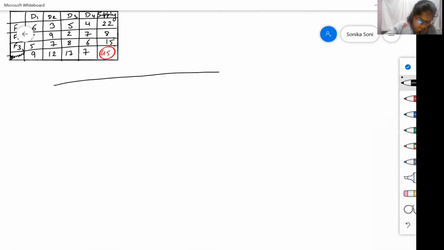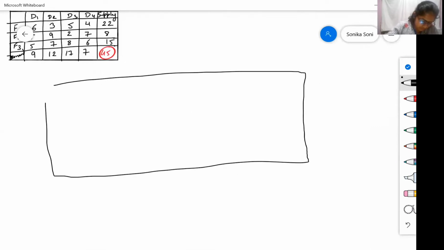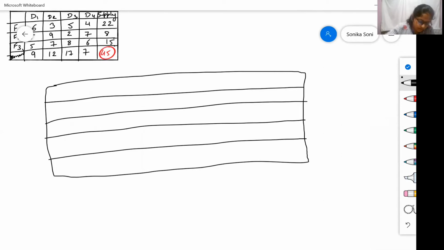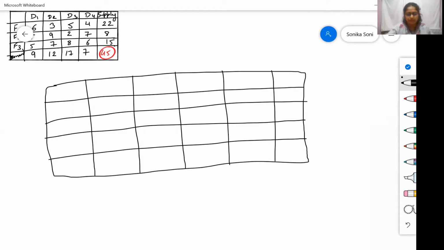Here we have to draw a box where we have 5 columns and 6 rows, where we have destination 1, destination 2, destination 3, destination 4, and supply.